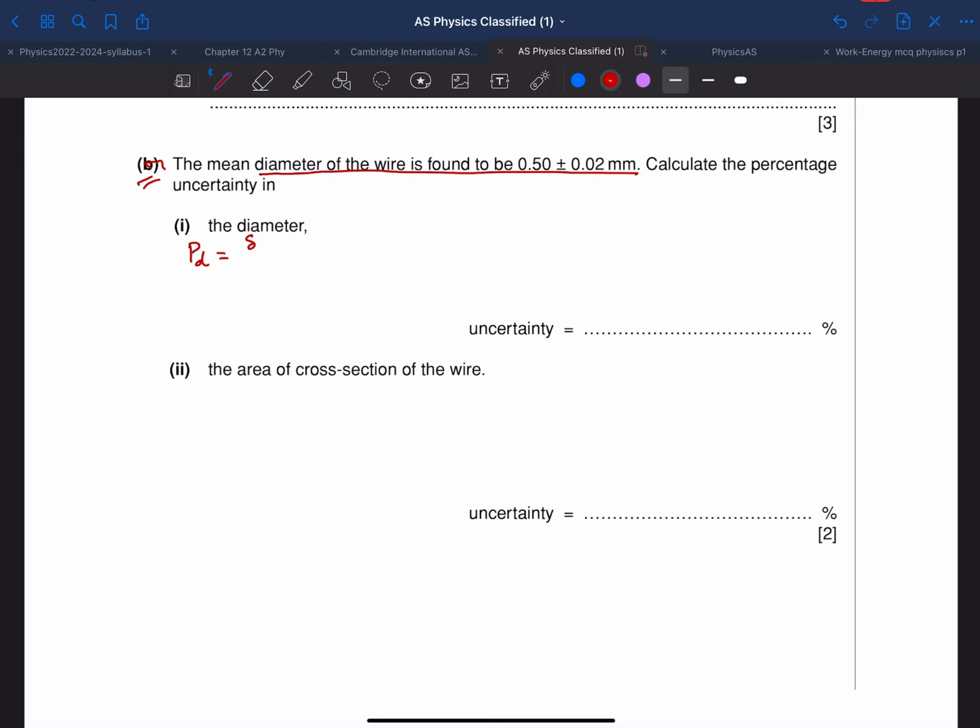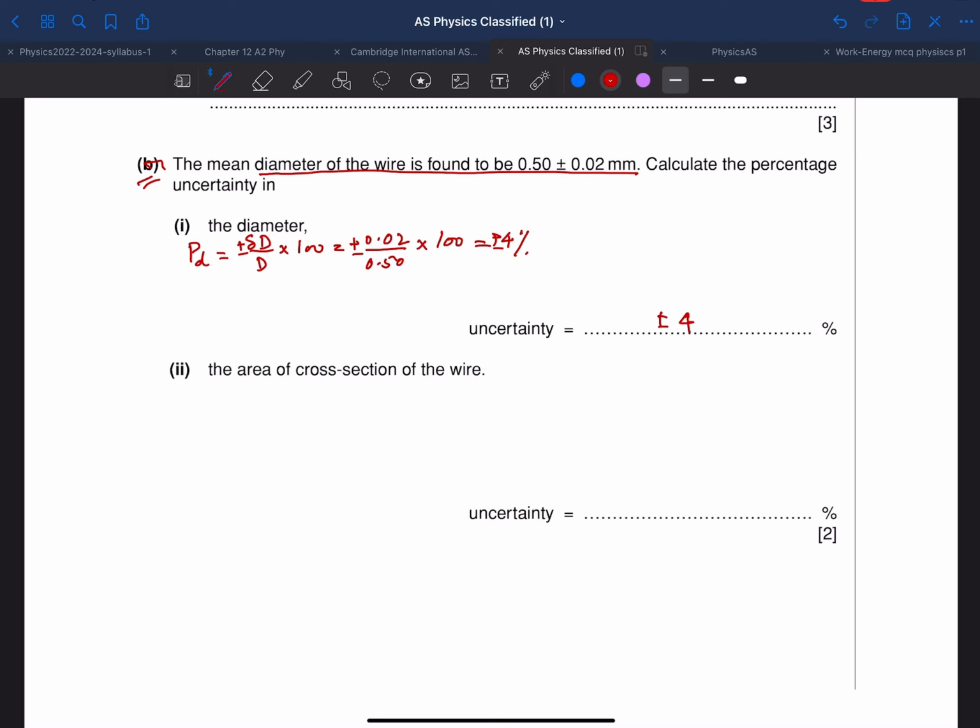If D is the diameter, then del D divided by D times 100 will give you the answer. So 0.02 divided by 0.50 multiplied by 100 gives 4%, that is plus minus 4% is the percentage uncertainty, and this is the answer you can write here. So the first part of the problem is for the percentage uncertainty of the diameter.